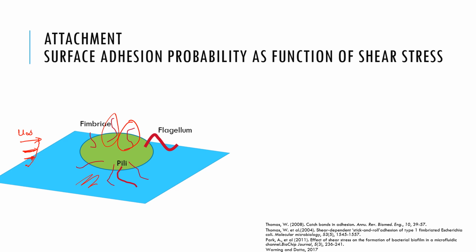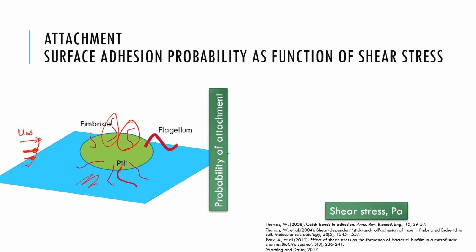So if we try to think of what happens as shear rate, as I said already, the shear rate is the gradient of the velocity. As the shear rate increases, what happens to these forces? These have been studied at length.